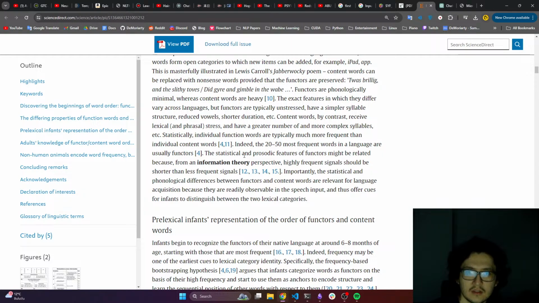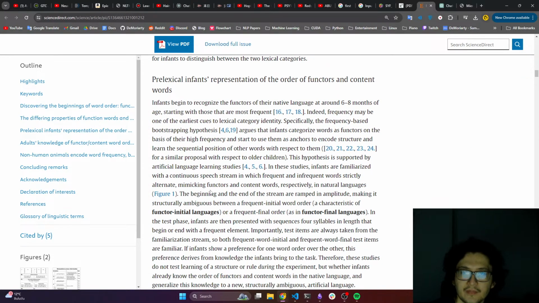The statistical and prosodic features of functors might be related because from an information theory perspective, highly frequent signals should be shorter than less frequent signals. Importantly, the statistical and phonological differences between functors and content words are relevant for language acquisition because they are readily observable in the speech input, and thus offer cues for infants to distinguish between the two lexical categories.